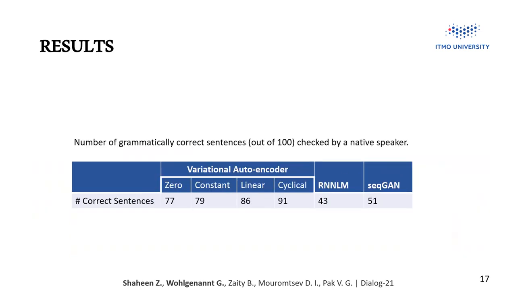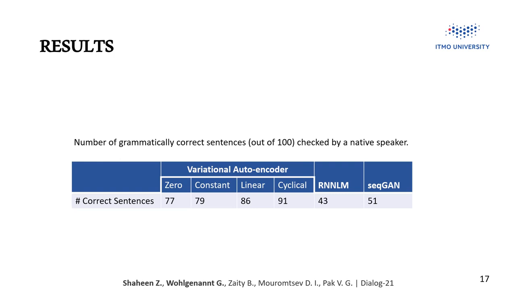For a better evaluation of the models, a native Russian speaker evaluated samples of each model, and the table shows how many correct sentences out of 100 for each model. A sentence is considered a mistaken sentence if it contains at least one grammatical mistake.